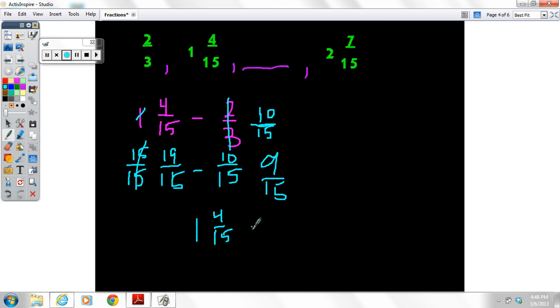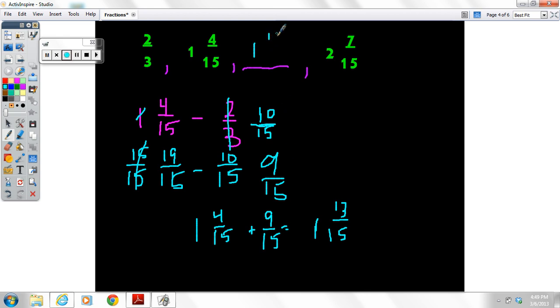So I have 1 4/15, and I add 9/15 to that. And what do I get? I have 1 13/15. Now, 1 13/15 should be the answer if we were correct in saying that the term is increasing by 9/15.